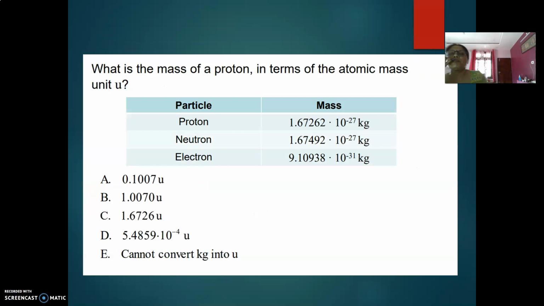The next question is about what is the mass of a proton in terms of atomic mass unit. All are given in kilogram. You see, all the masses are given in kilogram, and you are asked to find one mass unit.